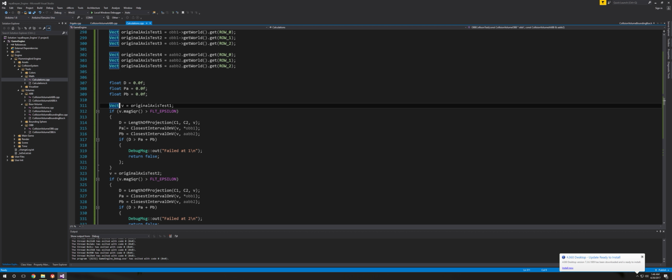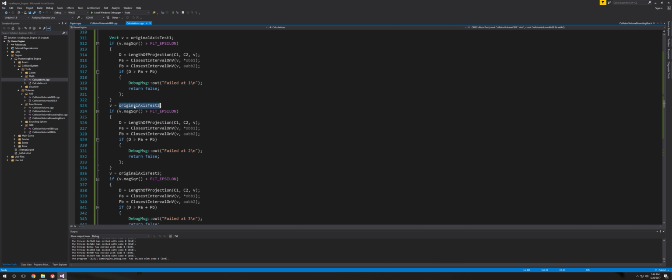PA and PB are the closest intervals on the given axis of our AABB and our OBB. We compare the distance between the 2 center points with the 2 maximum PA and PB, and check to see if it fails for an early out.